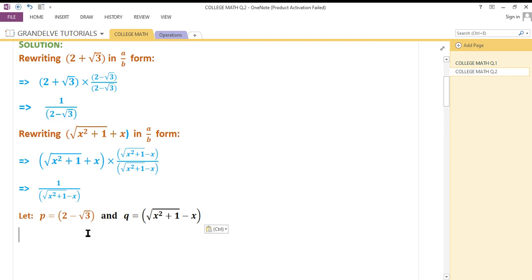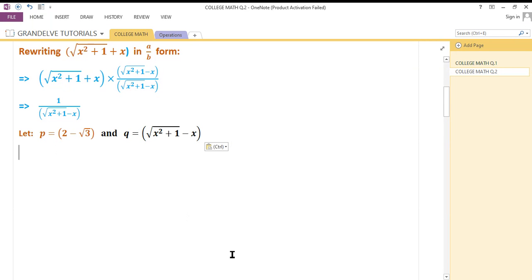So we have p representing 2 minus square root of 3, as you can see here, and we have q representing square root of x squared plus 1 minus x, as you can see here. That's beautiful, so we can move on.